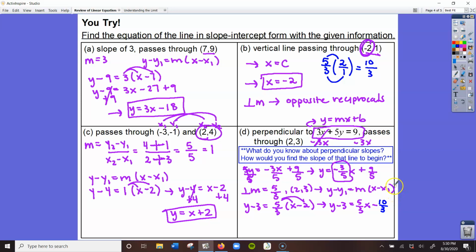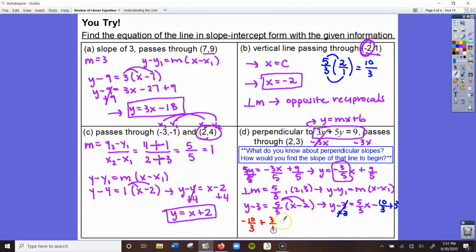Our final step is going to be to add the 3 over, so we can isolate that y. But now what happens? I have to combine this negative 10 over 3 with plus 3. Again, I'm going to switch colors here so I can do that separately. Okay, so I'm going to do negative 10 over 3 plus 3.